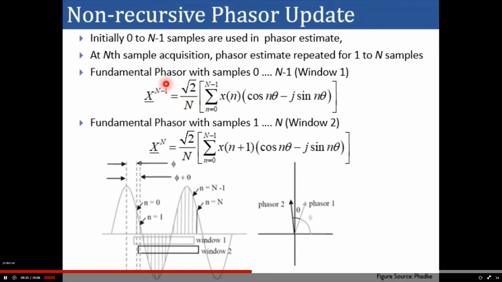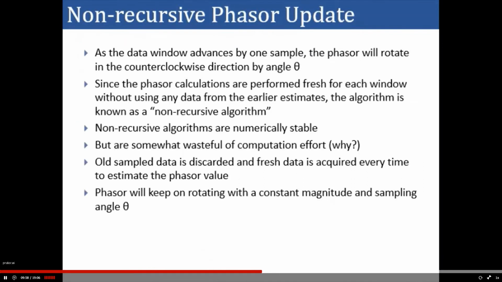Now what is happening if you compare these two phasors is that the second phasor is advancing by one sample. That means the second phasor will be lagging with respect to phasor 1 by angle theta.